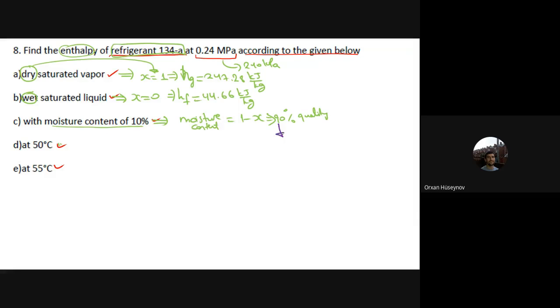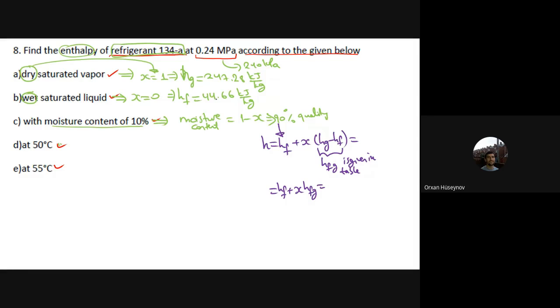90%. So the H value that I'm trying to find will be HF plus X times (Hg minus HF). If you remember, we said that Hg minus HF is HFG, which is given in the table. Therefore I will just write HF plus X into HFG.